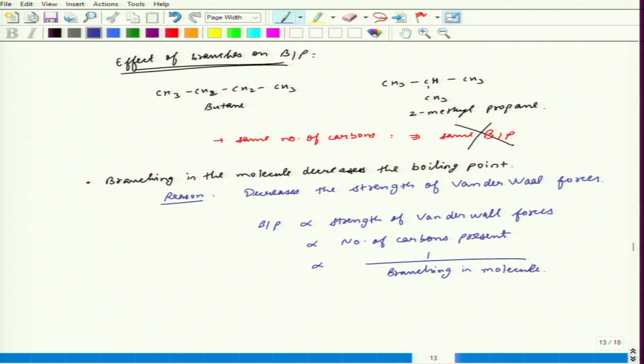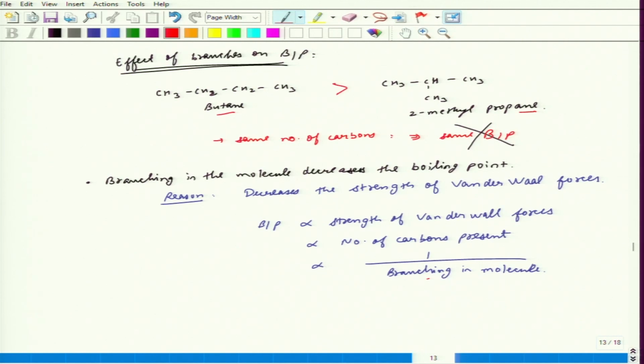In the case I have discussed, butane and 2-methyl propane, the molecular formula is the same, but the branching is different. Butane has the least branching. If the branching is less, the boiling point will be greater. So the boiling point of normal butane is higher than that of 2-methyl propane, which has branching.